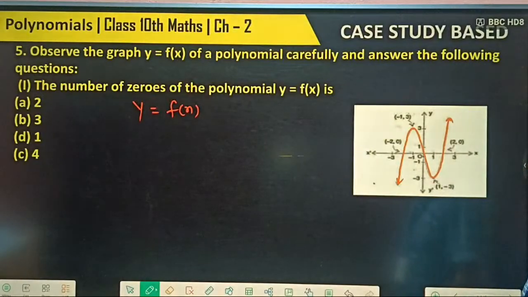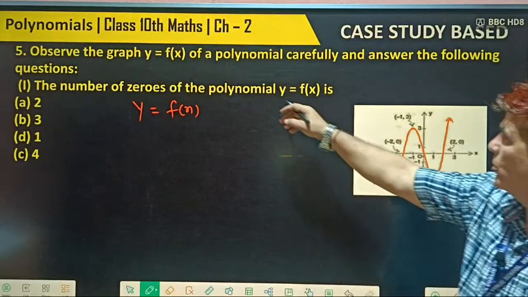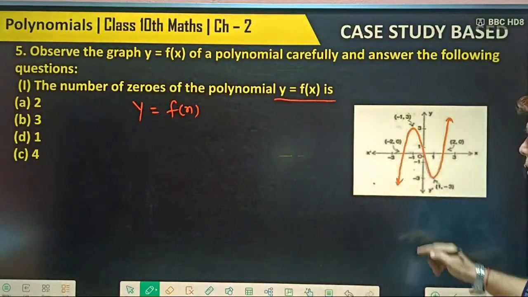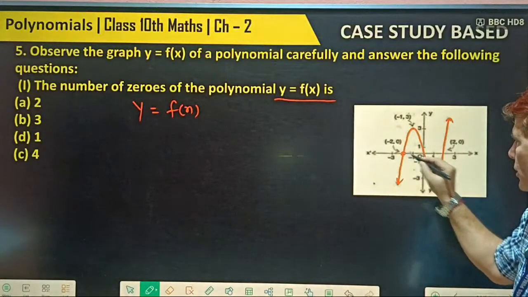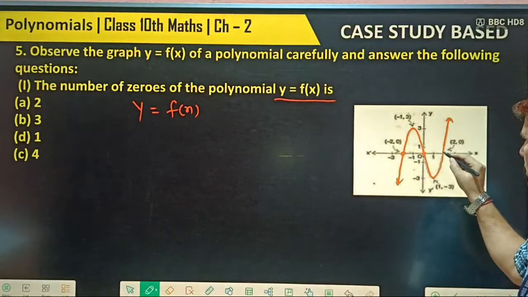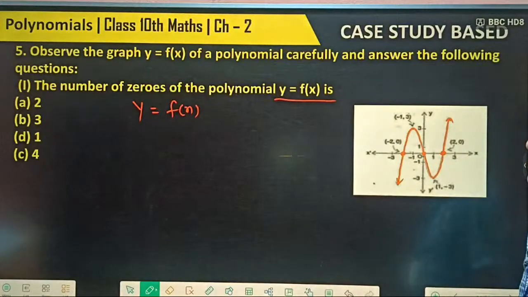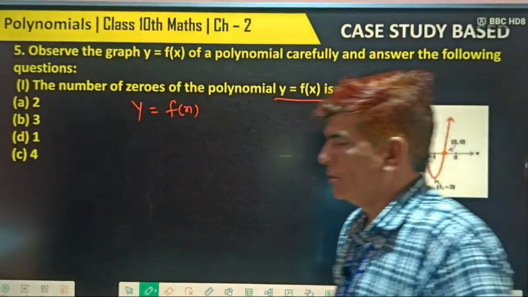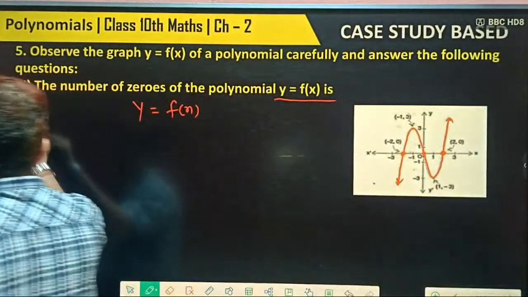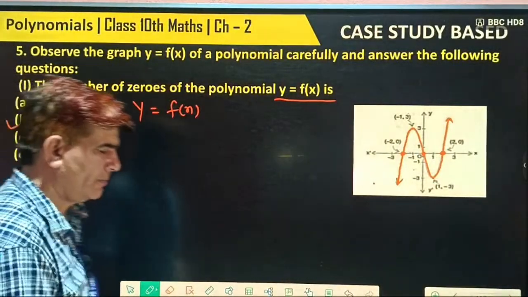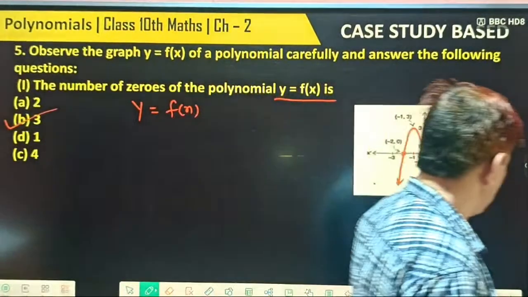Number of zeros of the polynomial, this polynomial, how many? It is cutting the x-axis at how many points? 1 point, 2 points, 3 points. So how many zeros? Directly you can give the answer. 3 zeros are there.